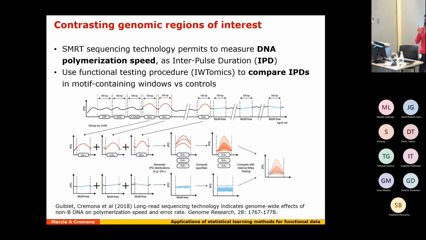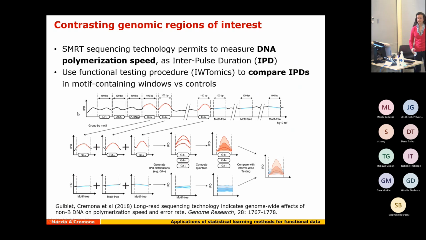So basically, how much time the polymerase in the machine takes to go from one base to the next one. This is a measure in the machine, of course, not in the living cells, but in the machine, of the polymerization speed.